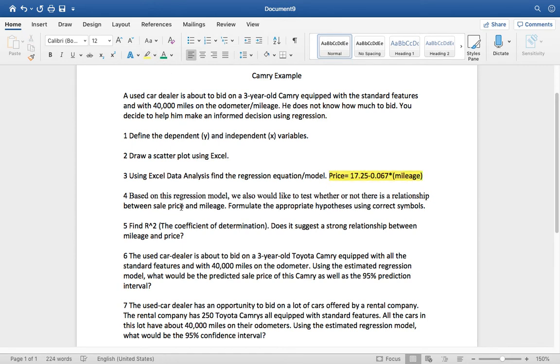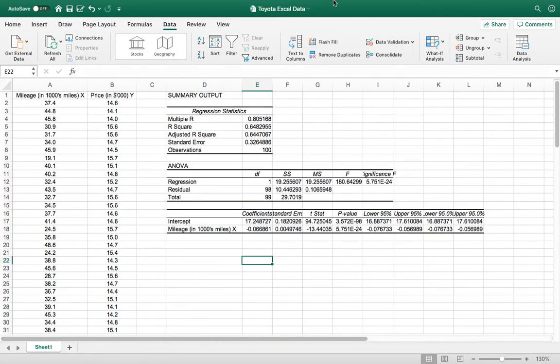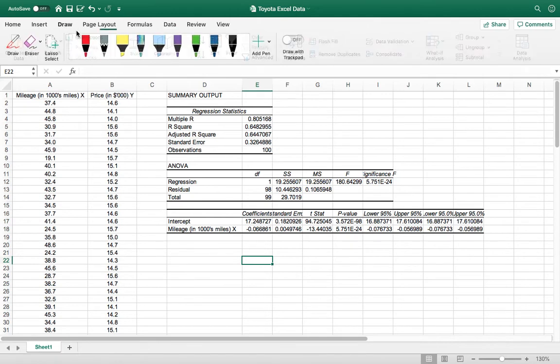Moving on, based on this regression model, this one above, we also would like to test whether or not there is a relationship between sale price and mileage. Formulate the appropriate hypotheses using correct symbols. So we want to check to see if there's a linear relationship, and if you remember the way we do that, I can draw it out for you if you've forgotten.